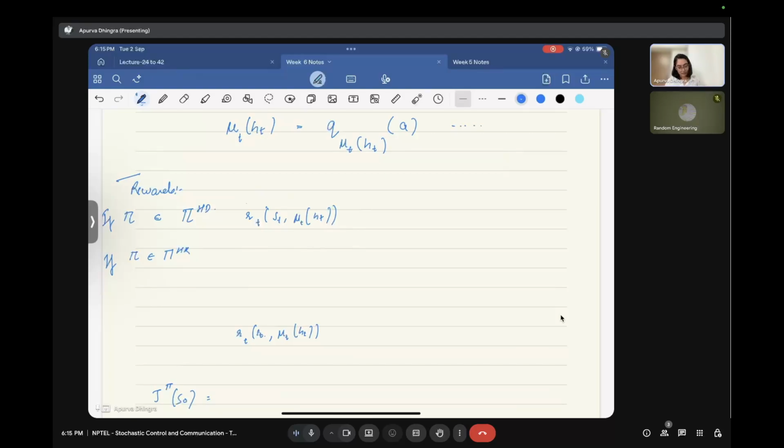I'm not going there. So if we were focusing on reward like this, then in the case where we are talking about deterministic policies, that means this mu t of ht would give us one action, whatever that action is, and hence the reward will just be whatever that action is.